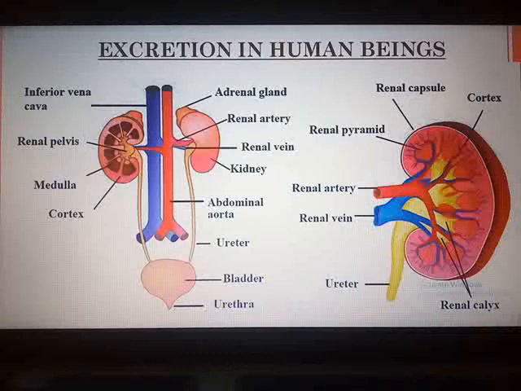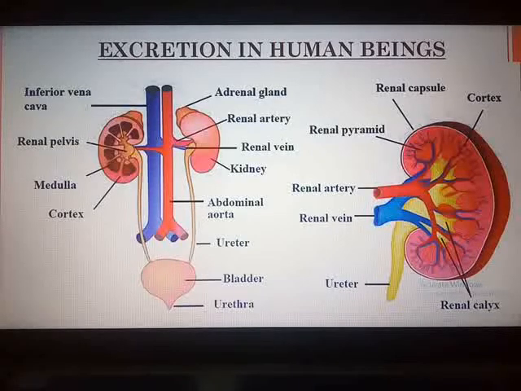Approximately 5 liters of blood present in a normal healthy person's body is filtered by the kidneys about 400 times every day, and thus every day the kidneys filter about 190 liters of blood, from which only about 1 to 1.9 liters of urine is formed and the remaining liquid is reabsorbed.